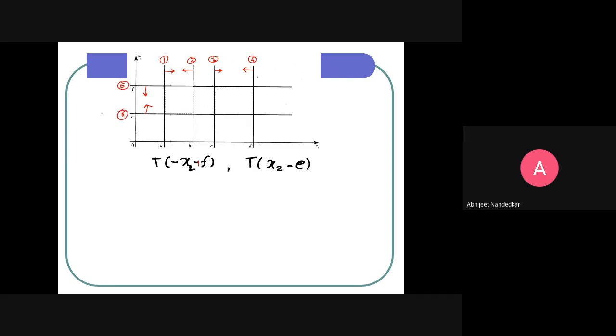Now we have to find out the region where the net input to the seventh neuron is greater than 3.5. Now suppose your input is lying over here, then you can see that first neuron is satisfied, second neuron is satisfied, third is not satisfied, fourth is satisfied, fifth is satisfied, sixth is satisfied.